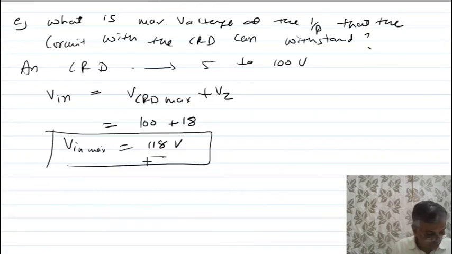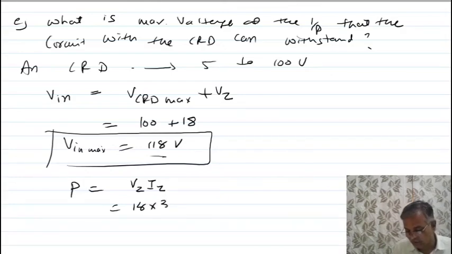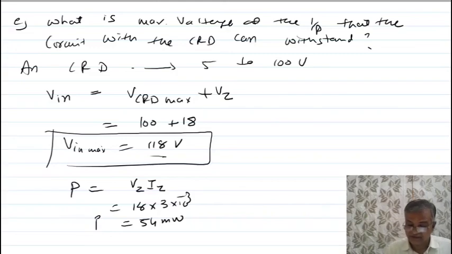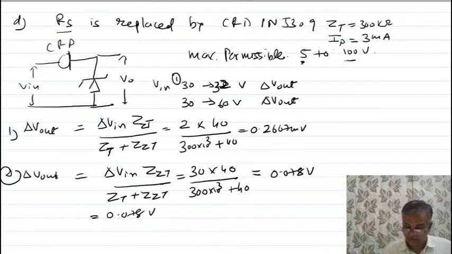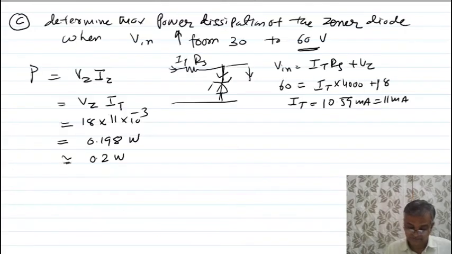At that time, what is the power dissipated in a Zener? You can calculate with the help of this. This is IZ times VZ, we saw 18, and IZ is, you already know, 3 milliampere. So you only require a 54 milliwatt power rating for the Zener. In the previous case, you have already calculated how much power you require: 0.2 watt Zener is required.